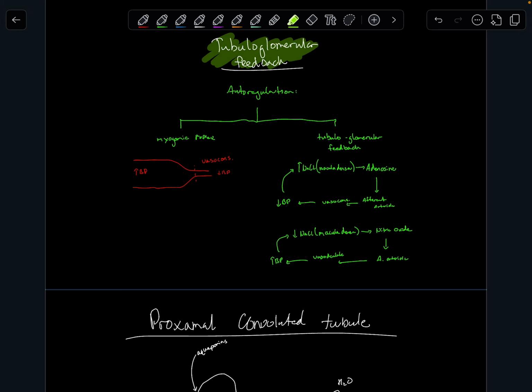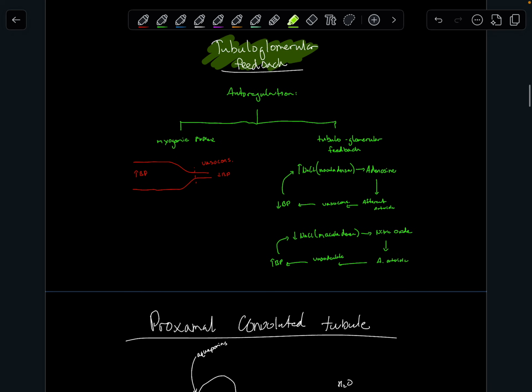So basically with this, there are a couple of cells on the glomerulus called the macula densa that detect sodium chloride concentrations in the distal tubule. And now when there is an increase in sodium chloride, adenosine is released, and adenosine then affects the afferent arteriole, which causes vasoconstriction and decreases blood pressure.